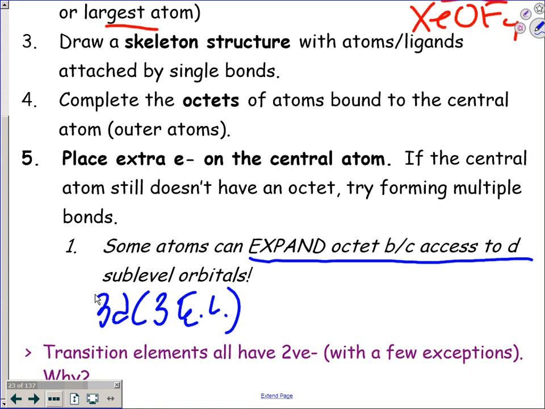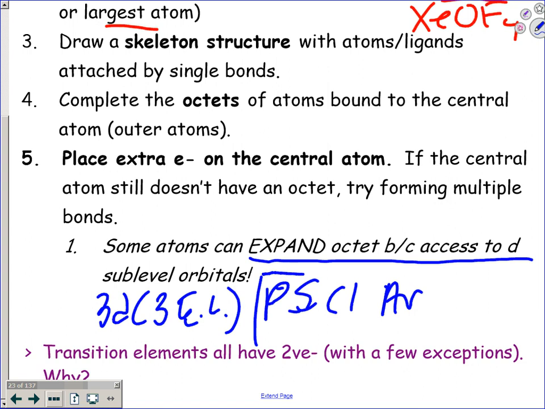Give me an actual element that's in the third energy level but could potentially have access to other third energy level orbitals like 3d. Sulfur, keep going. Sulfur, phosphorus, chlorine. Who's past chlorine? Argon. Technically it may or may not bond, but if a situation occurs, it can expand octet.